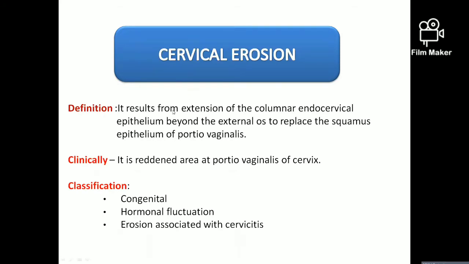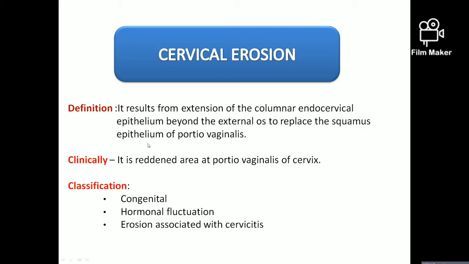This vaginal portion is also known as portio vaginalis, and here we see the external os. Now at the external os, when endocervical columnar epithelium replaces the squamous epithelium, this process is nothing but cervical erosion.